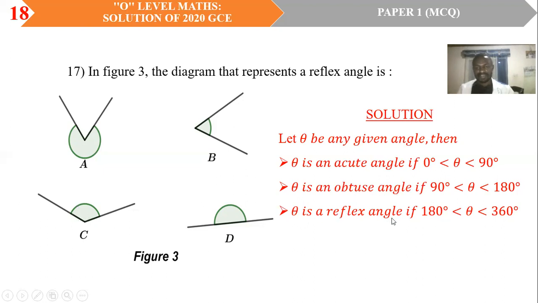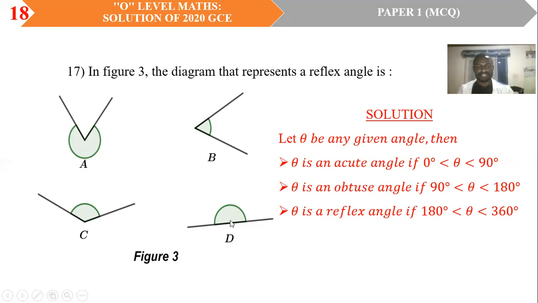Theta is a reflex angle if theta is greater than 180 degrees and less than 360 degrees. These types of angles are represented like this, the angle in A. This angle is a very big angle because it is greater than 180 and less than 360.